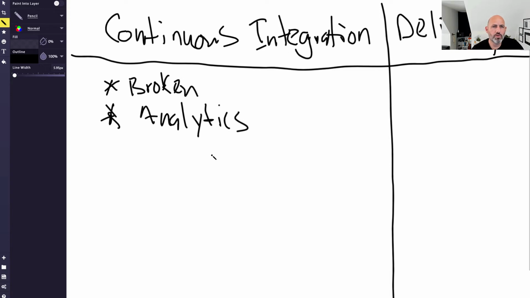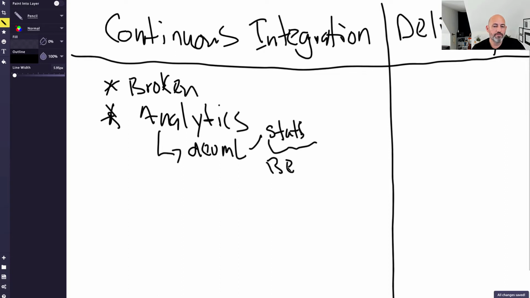And in fact, I wrote a project called DevML that is an example of my own homegrown analytics tool. It's on GitHub. I can share it later. But I go through and generate all these statistics about code, and the statistics look at things like the behavior, the human behavior of people.